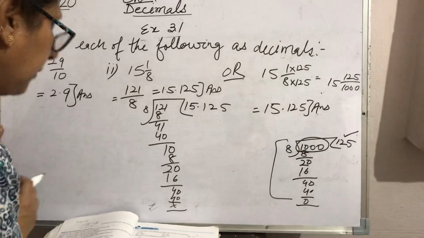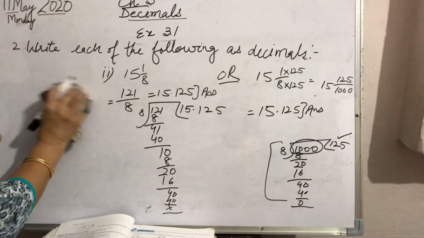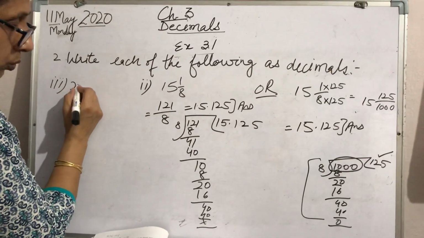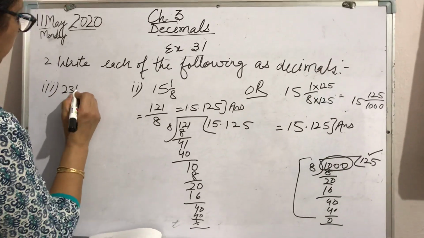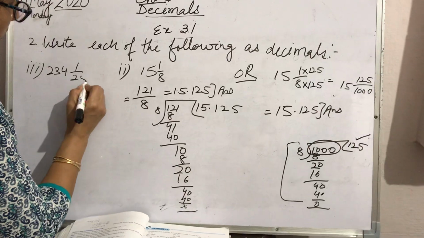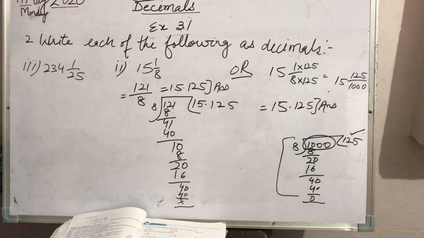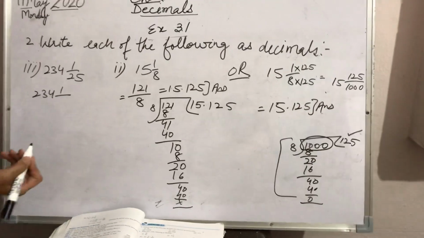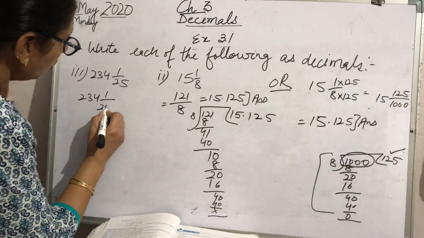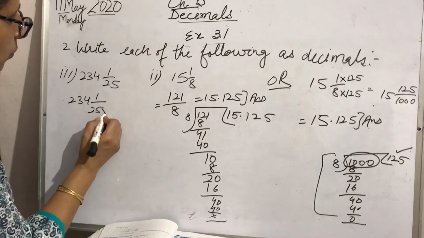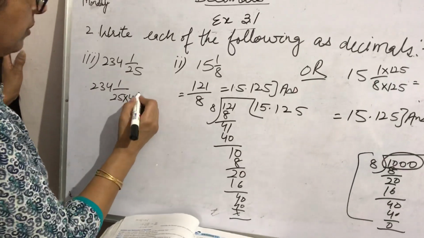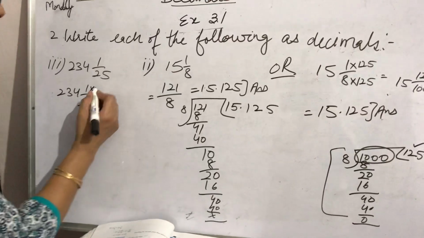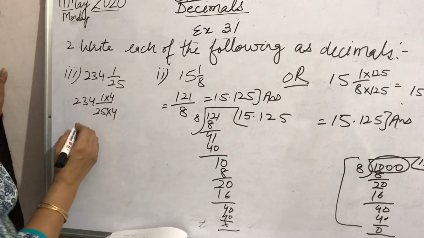The third part of the same question, 234 whole 1 upon 25. Again we can make the denominator 10, 100 or 1000. You already know the 25 table. 25 fours are 100, and at the same time we multiply 4 to the numerator.